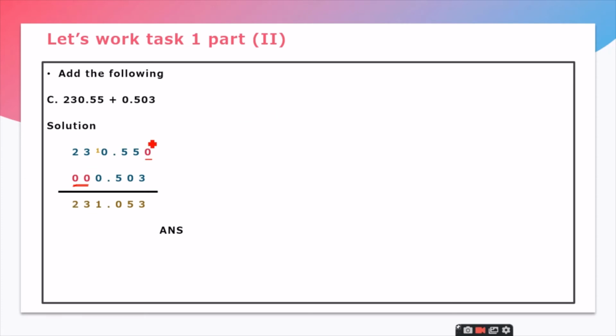So the whole number is 2, 3, 1. After carry it's 1 plus 0, 0. So the answer is equal to 2, 3, 1. So our answer is right.